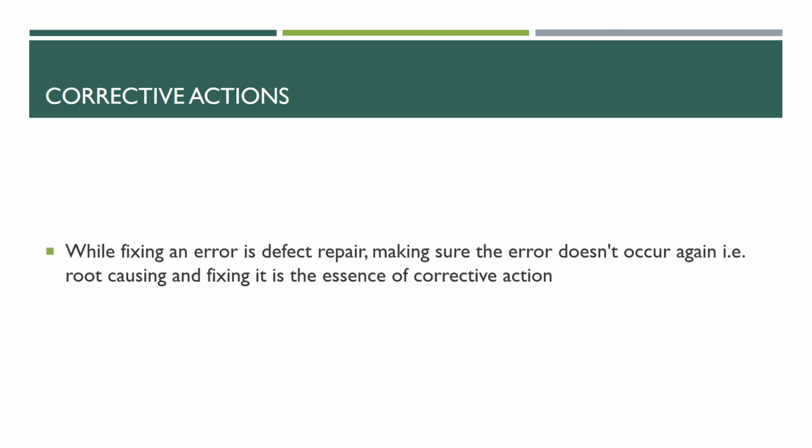Facing errors in your code and fixing them, that's defect repair. Root causing it and making sure that you don't face such errors again, that's corrective action, and both of these require change requests, right? All right, let's move on.